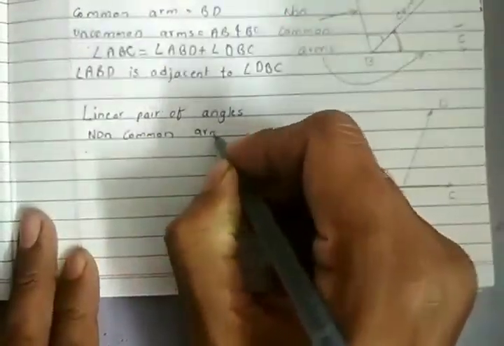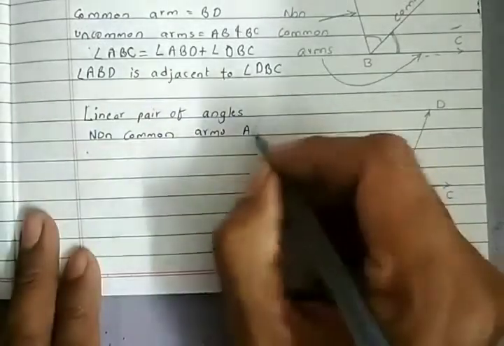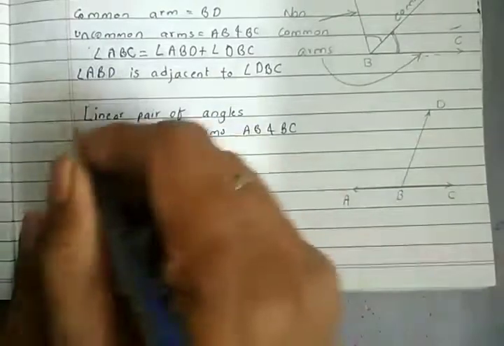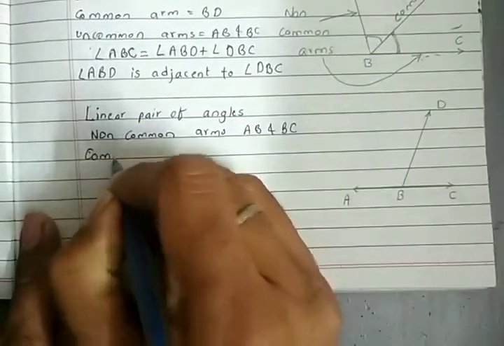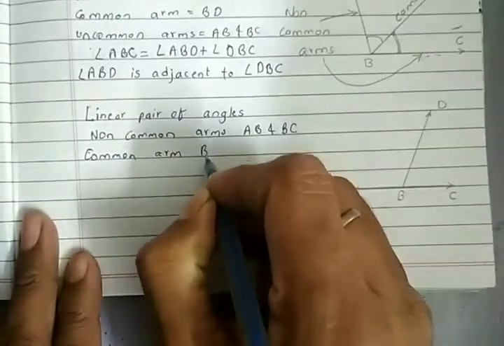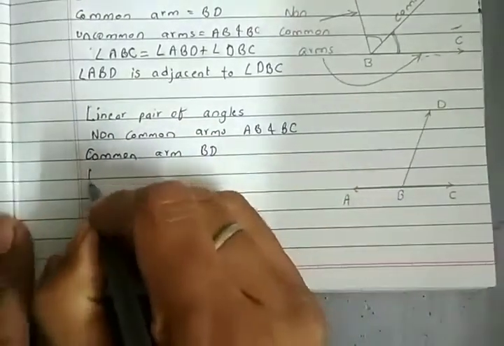Non-common arms are AB and BC, common arm is BD.